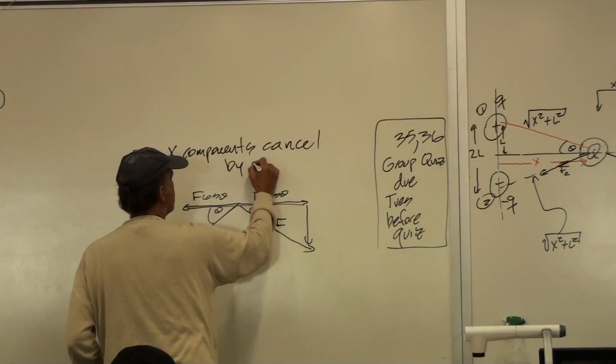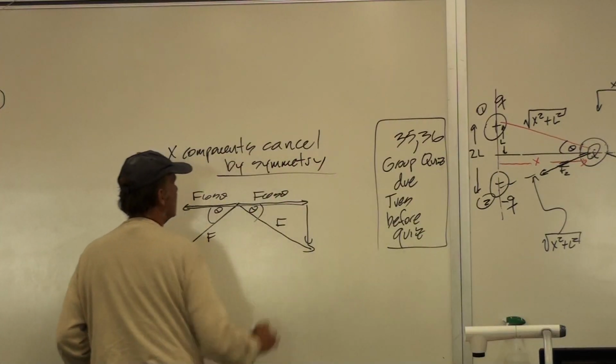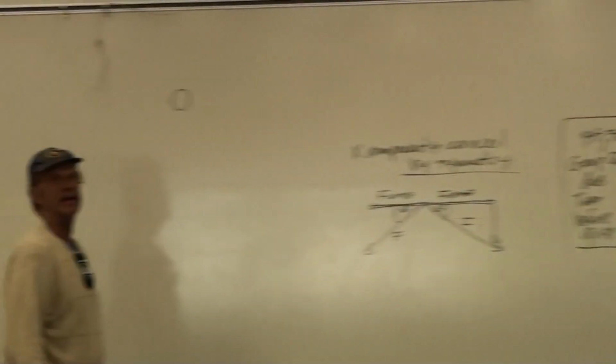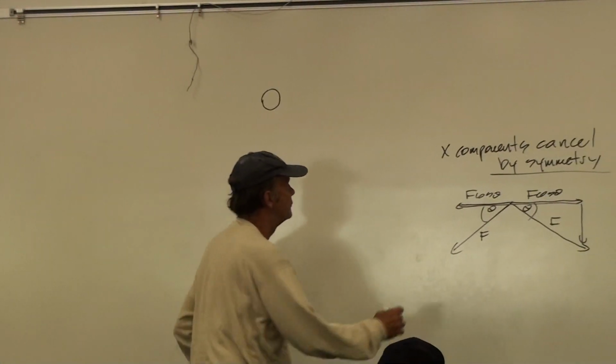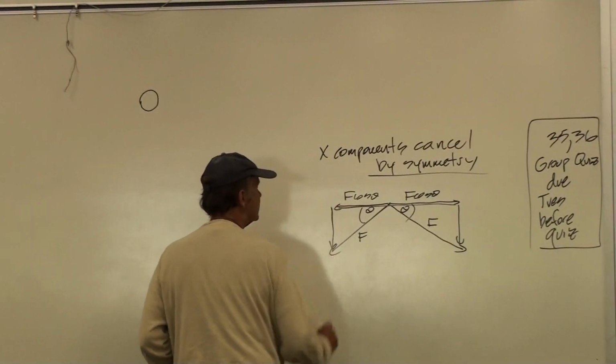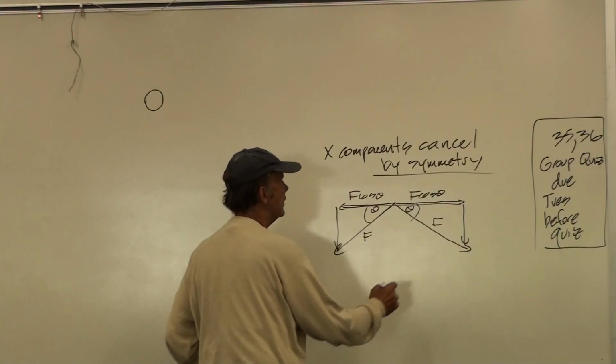By symmetry. It's okay if you just say that. You don't have to necessarily draw the whole thing out. But then notice here, this part you do need to draw out. The surviving components are F sine theta.